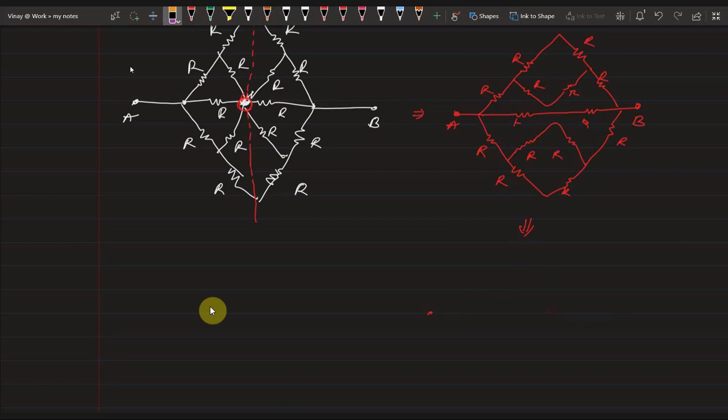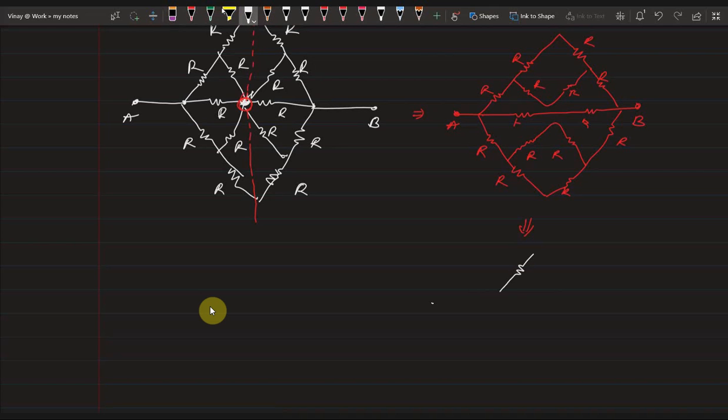So the resultant circuit diagram will be like this.